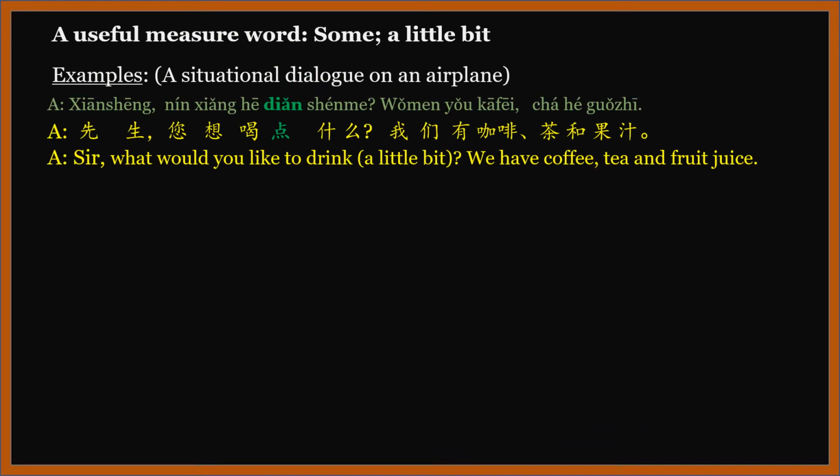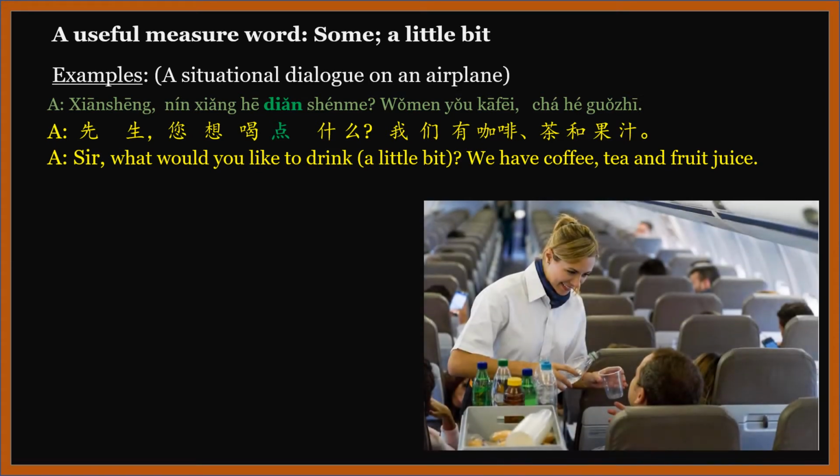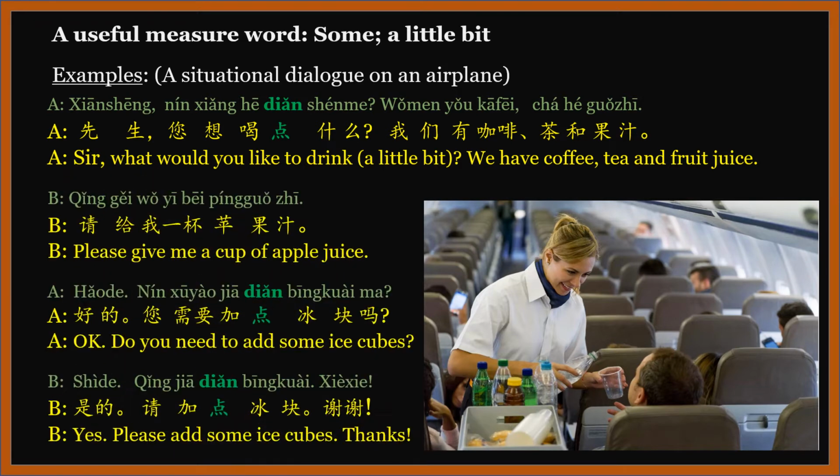The first sentence, 先生，您想喝点什么？我们有咖啡、茶和果汁。先生 Sir, 您 You, 想 would like to, 喝 to drink, 点 a little bit, 什么 what. 先生，您想喝点什么？ Sir, what would you like to drink? 我们有咖啡、茶和果汁。我们 we, 有 to have, 咖啡 coffee, 茶 tea, 和 and, 果汁 fruit juice. 我们有咖啡、茶和果汁。We have coffee, tea, and fruit juice.